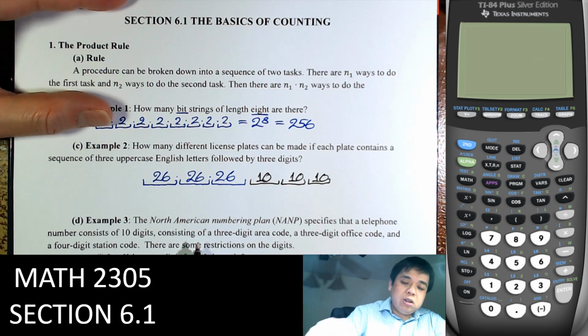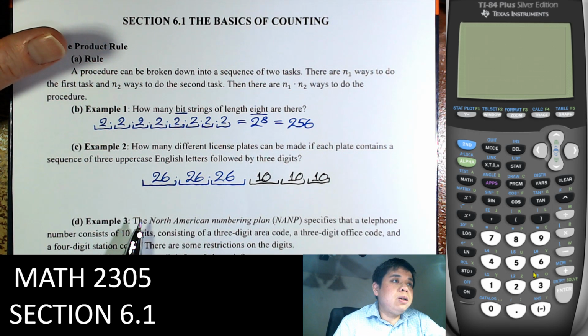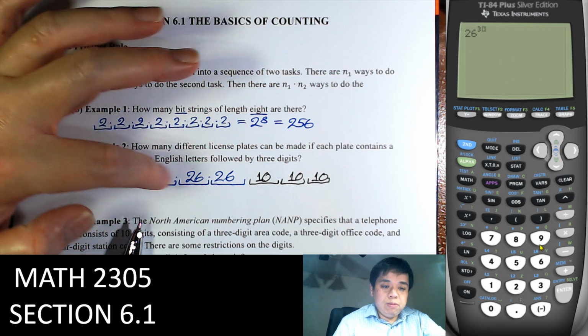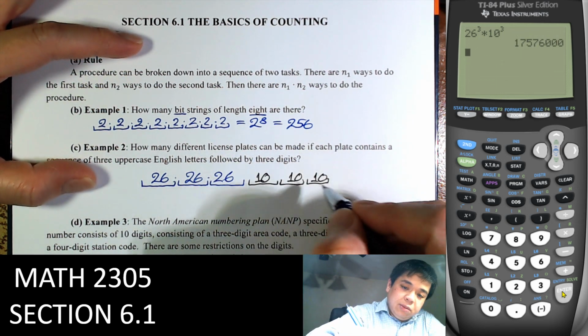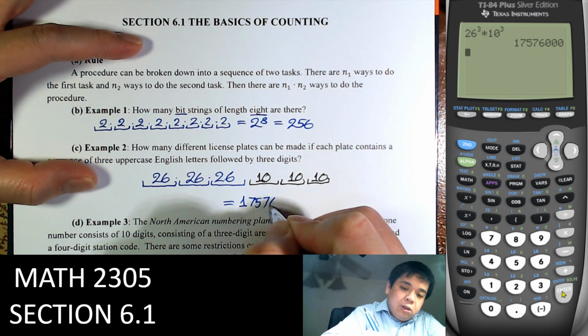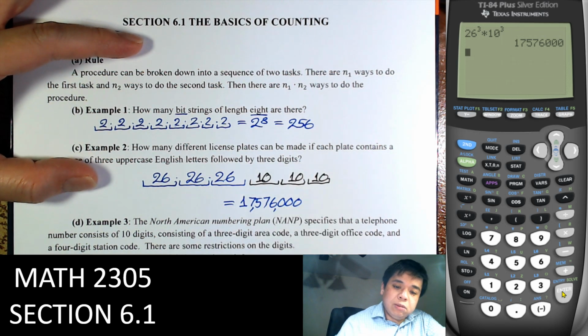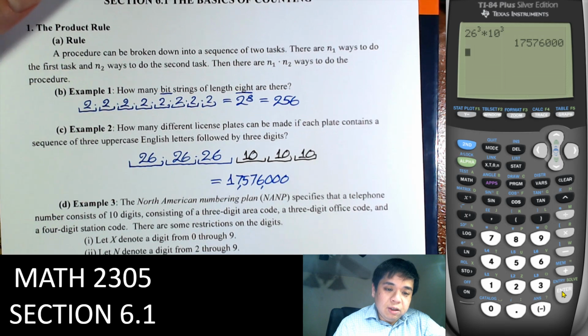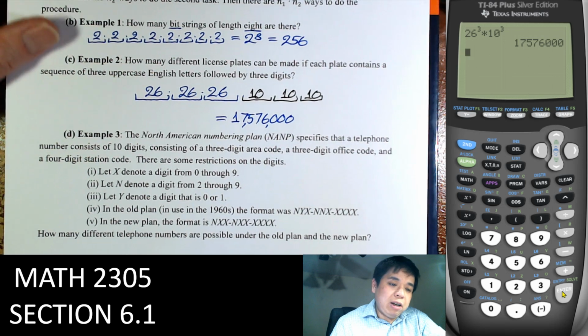So multiply straight across: 26 cubed times 1,000, or 10 cubed. We have that much variety in the license plates. Right, next.